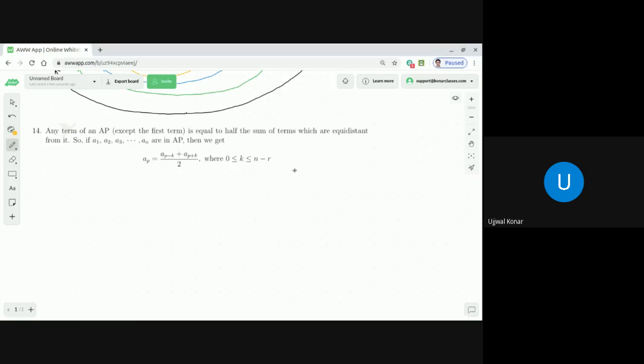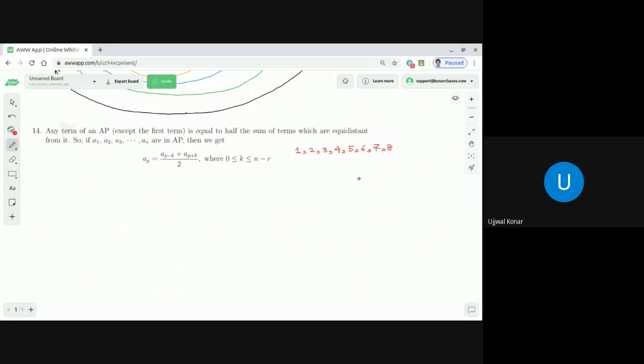Let's take an example, because if we take an example, things become easier to understand. Let's take a very simple example of 1, 2, 3, 4, 5, 6, 7, 8, and so on. Suppose it goes on like this, but let's consider this is an arithmetic progression, dear students.